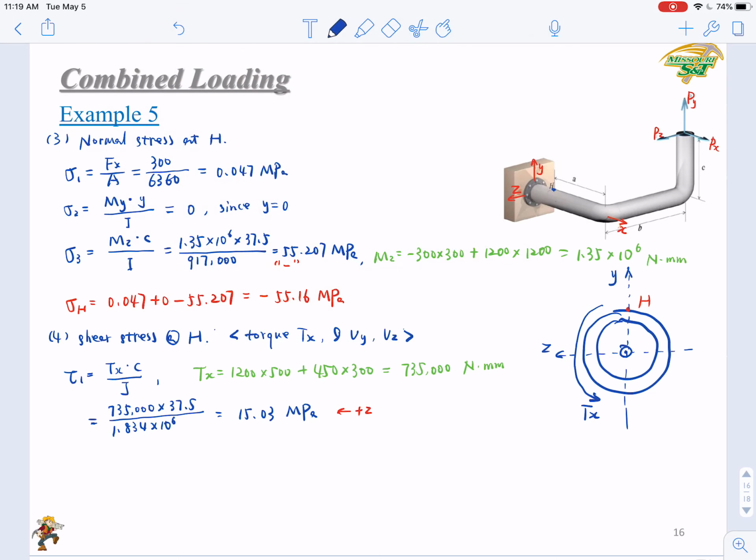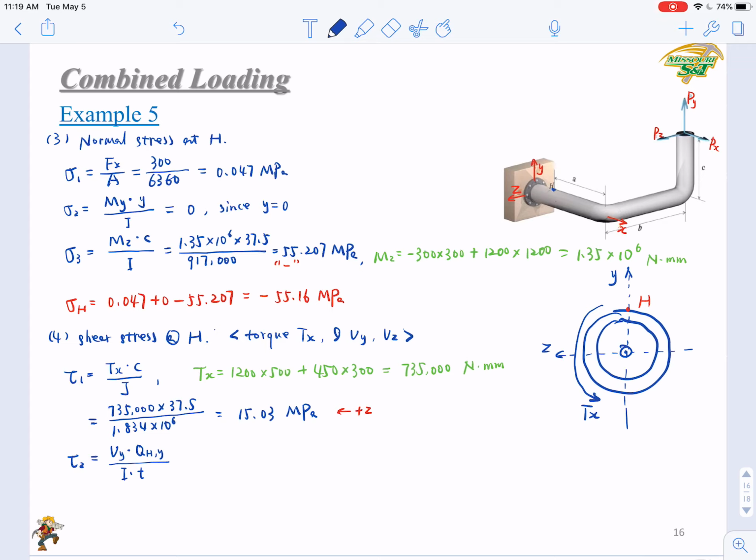Then we will examine the other two components. The first one, tau 2, due to Vy. So this will be just Vy times Q at point H, Y, over IT. Now here, what is the QHY?